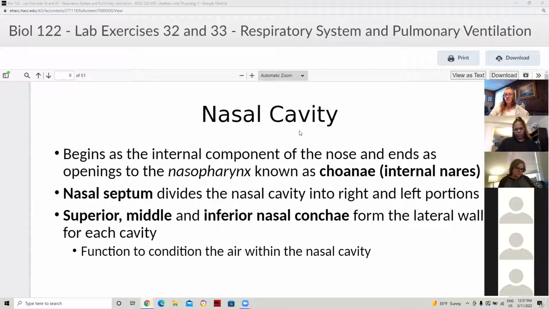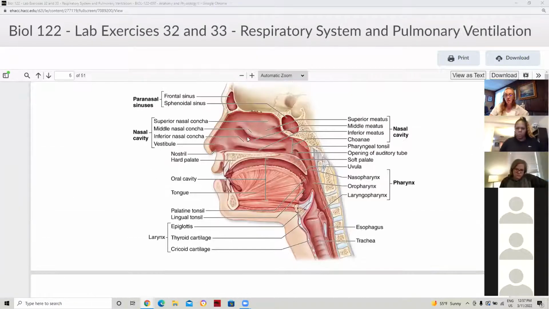The nasal septum divides the nasal cavity into the right and left portions, with the superior, middle, and inferior nasal conchae. They look like little shells, and that's where the word concha comes from.